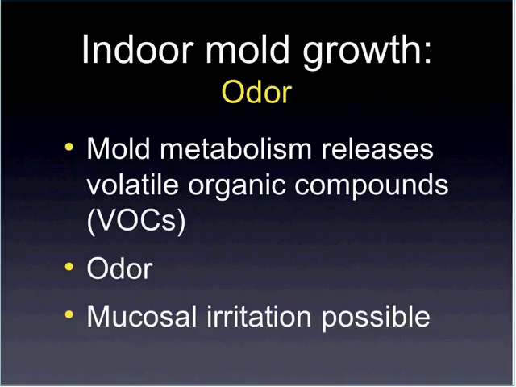The first is odor. When mold is growing, it releases what we call volatile organic compounds, or VOCs. Volatile simply means that it can become airborne. So these are organic compounds that can become airborne, much like some of the compounds in our sweat and in our breath and, again, in our cheese. There are odors that many people find objectionable and which everyone would recognize.